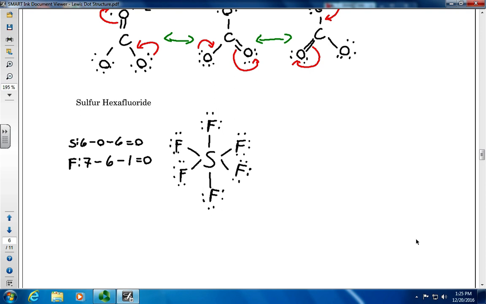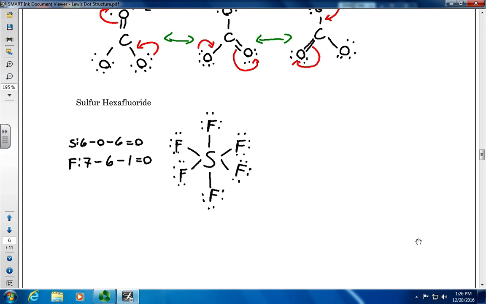And then we have 6 times 6 free electrons, so 36. 36 plus 12 is 48. So therefore, we have used all the electrons that we need, and our Lewis dot structure fulfills the requirements of accounting for all the electrons and having the most stable formal charges.